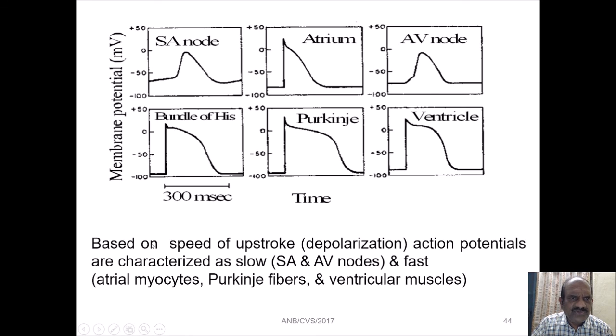You can see the plateau is recorded in the bundle of His, Purkinje fibers, ventricles, and the atrium. In short, based on the speed of upstroke, that is depolarization, action potentials are characterized as slow, which are present in the SA and AV nodes, and fast action potentials, which are present in the atrial myocyte, Purkinje fibers, and ventricular muscle.